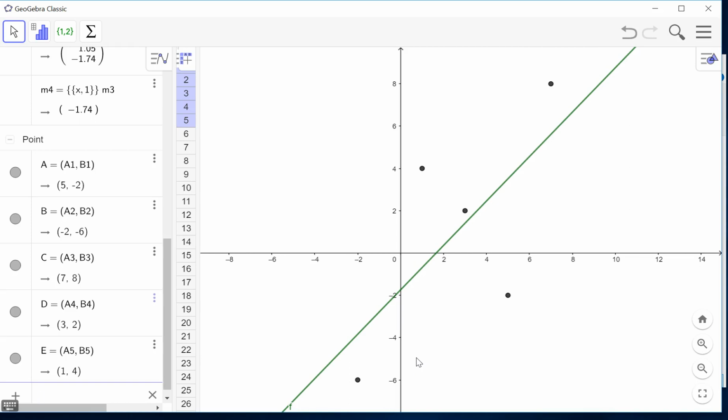But maybe you wanted to try to fit it to a cubic rather than a line. So maybe instead of doing ax plus b, you wanted to do, say, y equals ax cubed plus bx squared plus cx plus d, and try to figure out what the a, b, c, and d are.